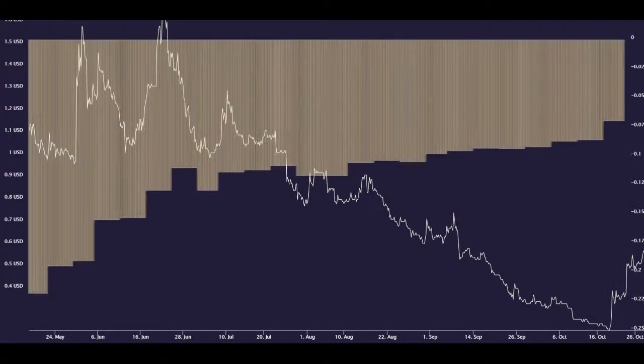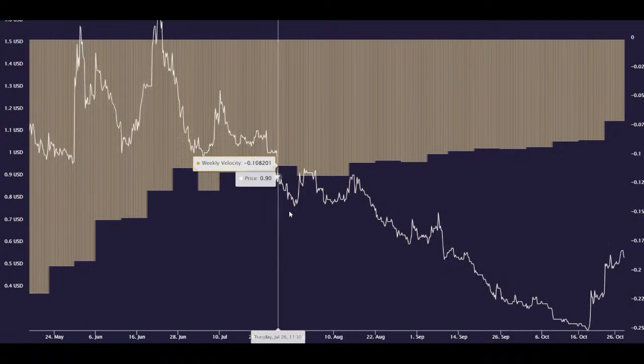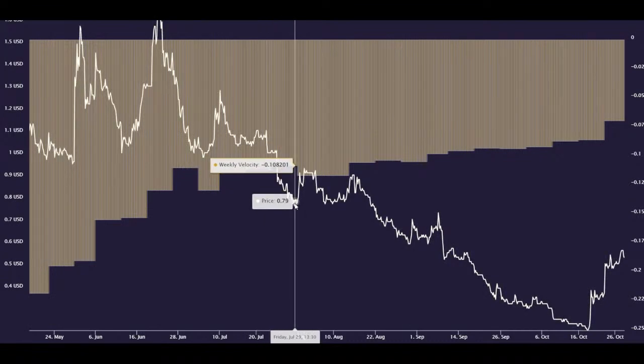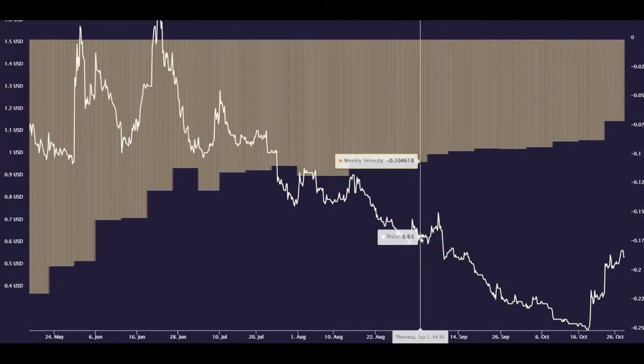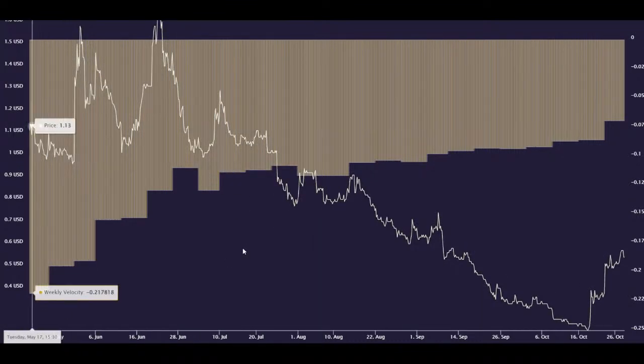So let's look at the weekly velocity. Okay, here was your most extreme print to the downside. Price was about $1 at the time. And then price came down and made a new low at 70 cents. Then price came down and made a new low at 64 cents. And remember, both of these are bullish divergences because this was your most extreme print. So price is making new lows, but velocity is not making new lows.